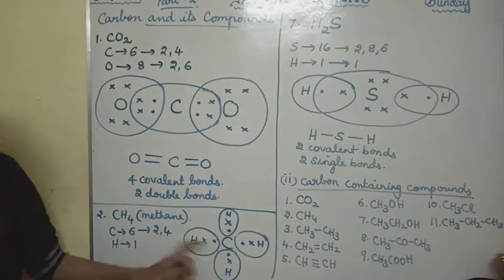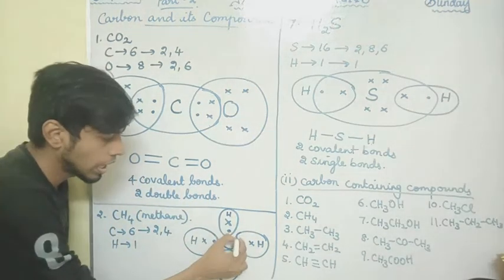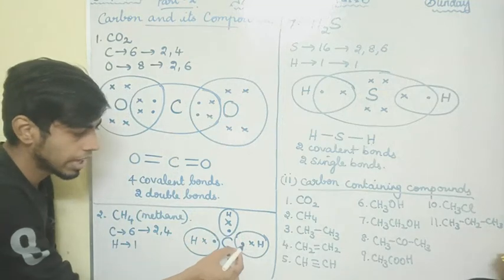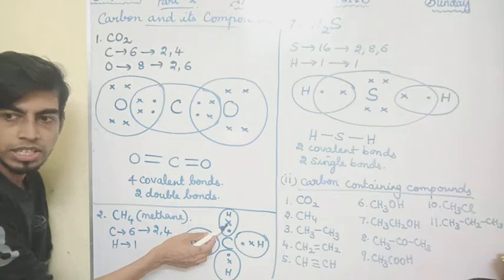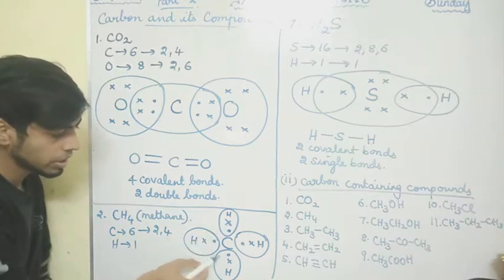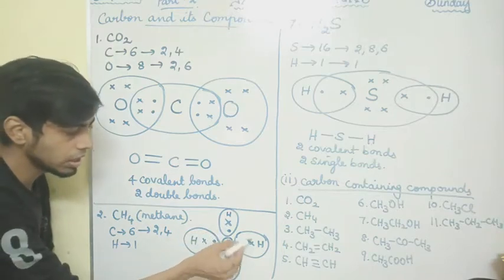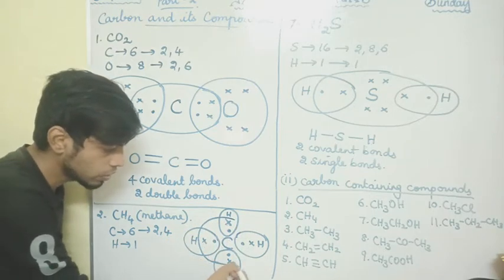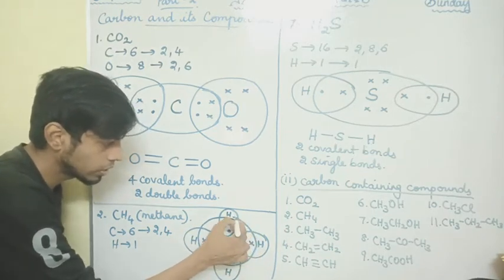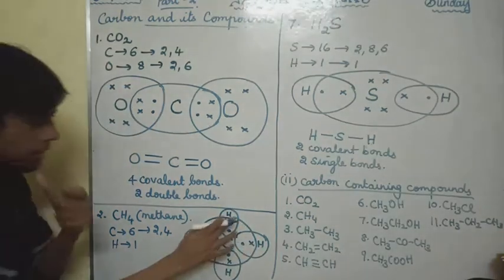Now coming to carbon. Carbon, you know already, is having 4 electrons. 5th electron from this hydrogen, 6th electron from here, 7th electron from here, and 8th electron from here. So totally you have to circle 8 electrons for this carbon.